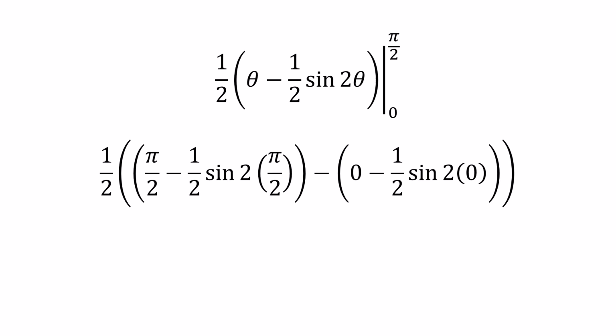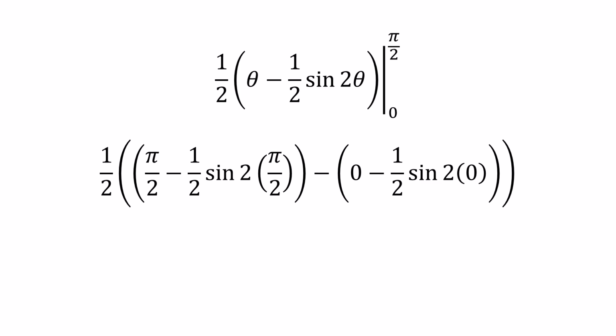1/2 times pi over 2 minus 1/2 sine of 2 times pi over 2 minus 0 minus 1/2 sine of 2 times 0.